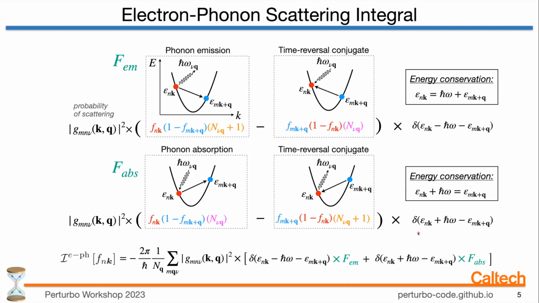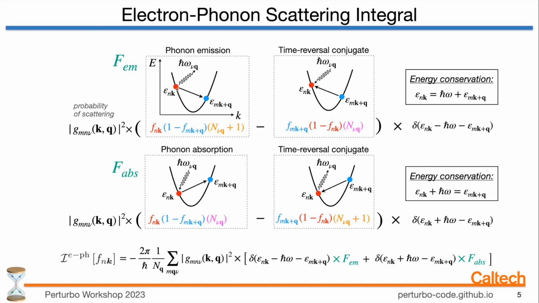Now let us consider this electron-phonon scattering integral, and let us dissect it into different contributions to see that all of these contributions are intuitive. They can be derived from many-body perturbation theory, but we can understand them using just Fermi's golden rule.